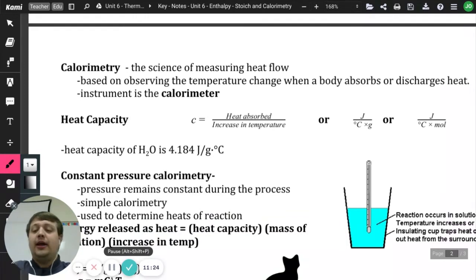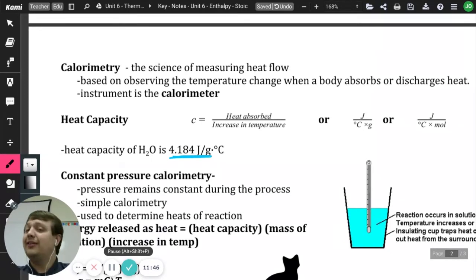Now, here is something that I think y'all should know: the specific heat capacity for water is 4.184 joules per gram degree Celsius. Now, most of the time AP is going to give you this, or they're going to have it on a table of yours.